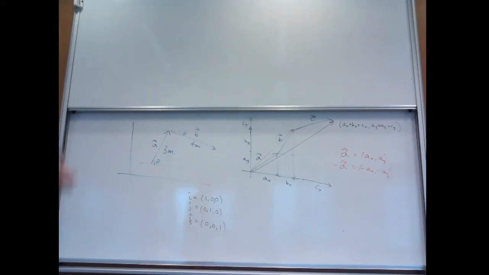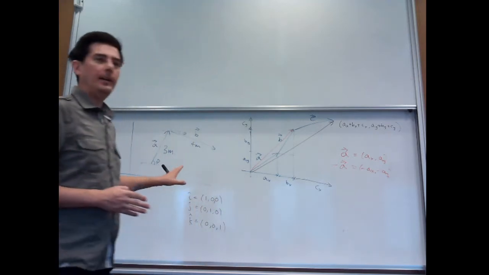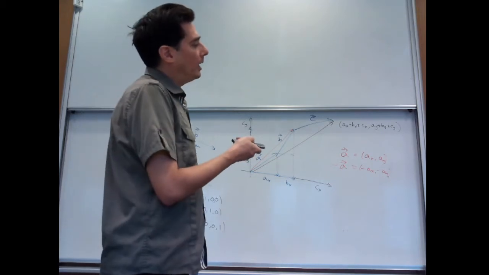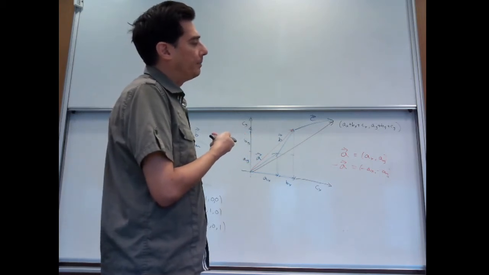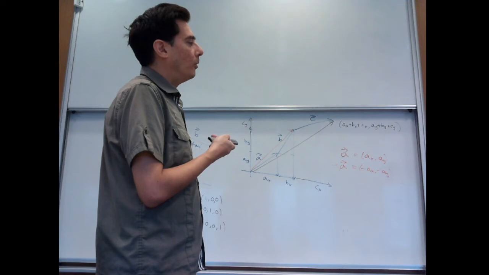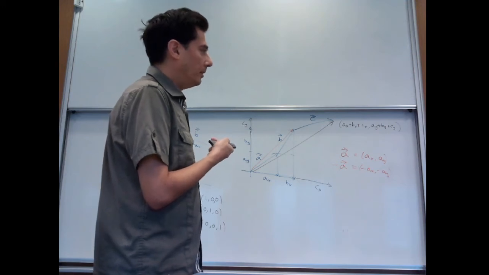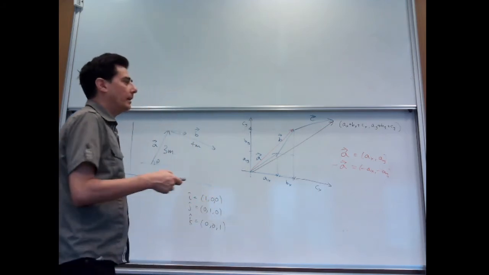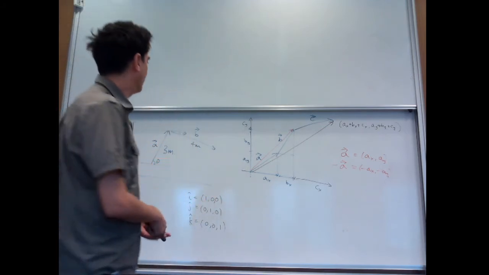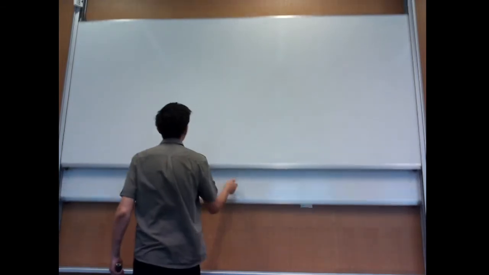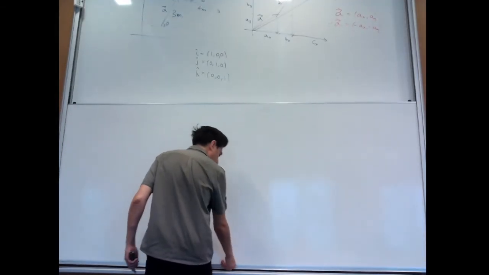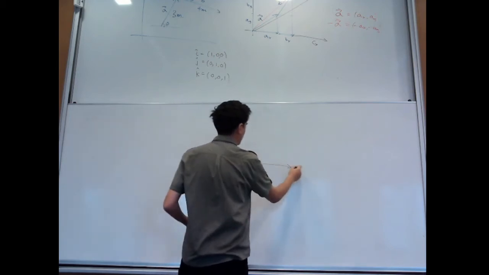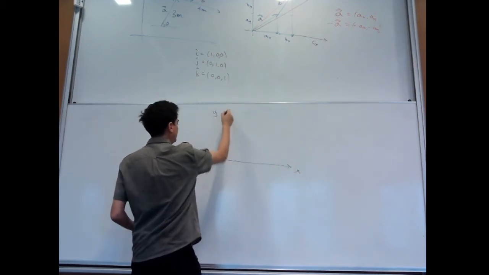Okay, so now we've defined these unit vectors, and then we can rewrite our vector A in the following form. We know that the A vector has some components AX, AY. So let's use our x-axis, our y-axis.